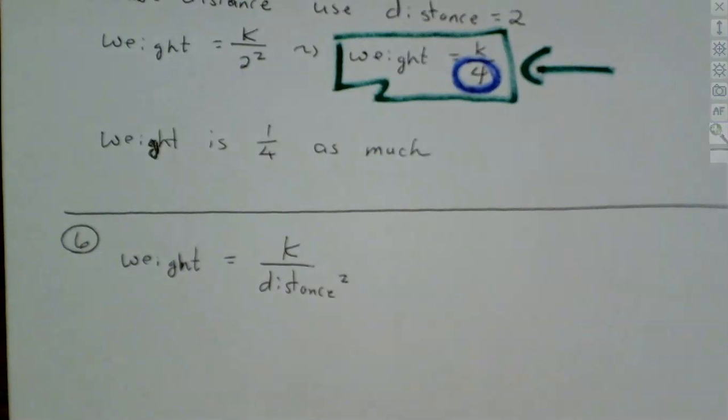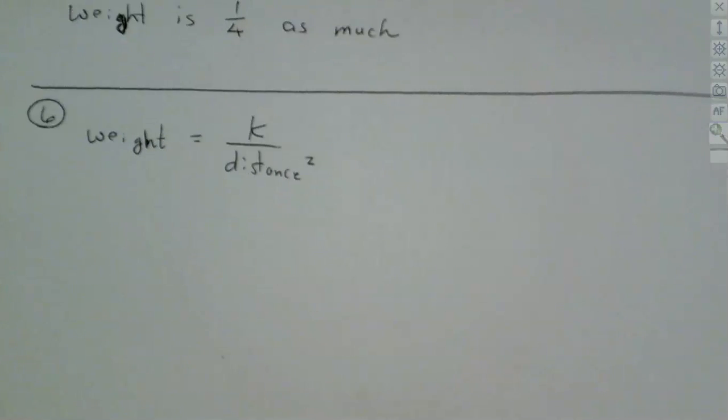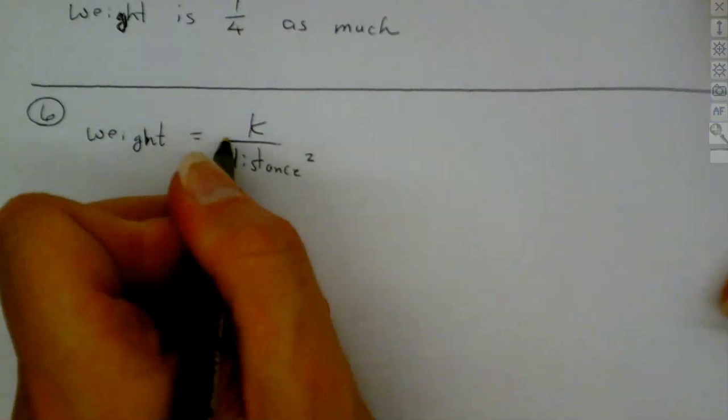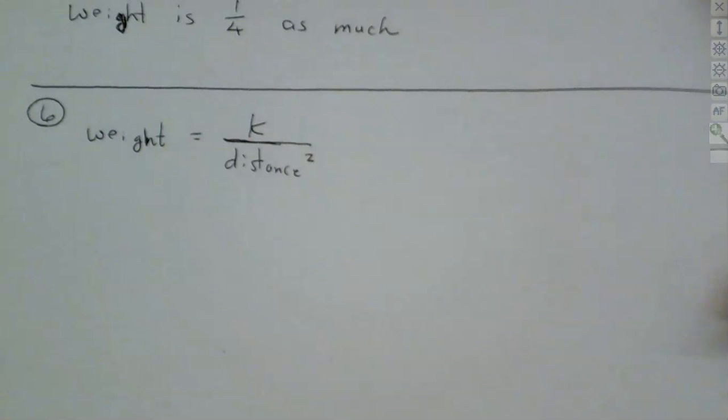Now, they give you some information because we're going to have to find K. Unlike the last one, which was a theoretical question, this one we need to actually find the value of K so that we can answer the question. And what do they give you for question 6? If a person weighs 180 pounds on the surface of the earth and the radius of the earth is 3,900 miles.